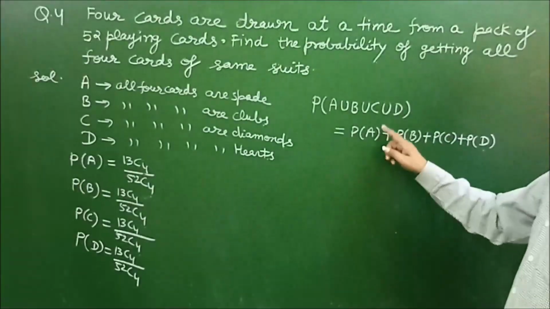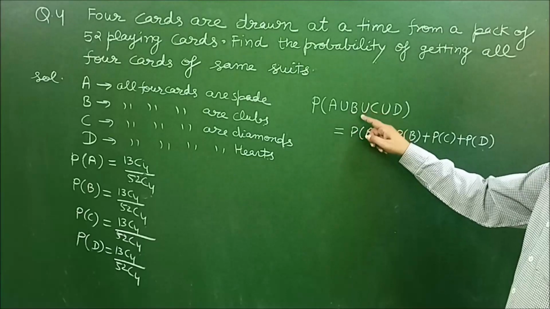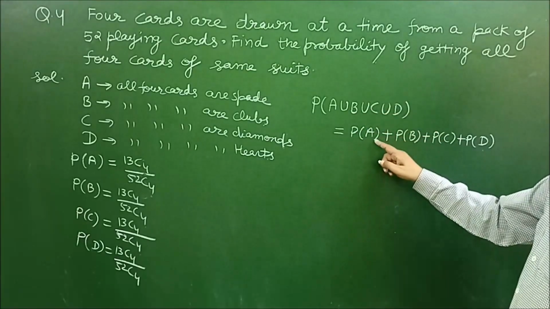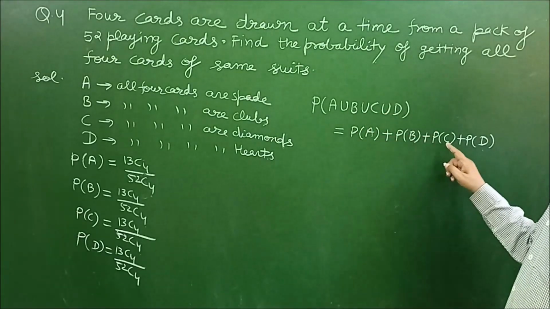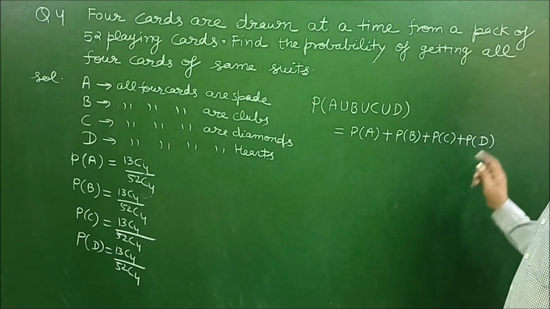So by the addition theorem, probability of A or B or C or D is equal to probability of A plus probability of B plus probability of C plus probability of D.